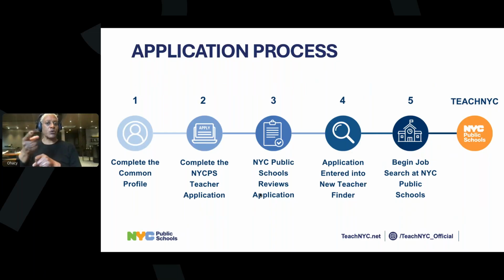All applications will be reviewed to determine certification eligibility. Only applications that meet standards are entered into the new Teacher Finder, a database for candidates to connect with schools and access job postings and other resources. We'll talk more about the new Teacher Finder shortly. Now you can officially start your job search.